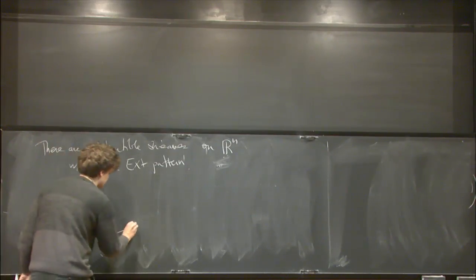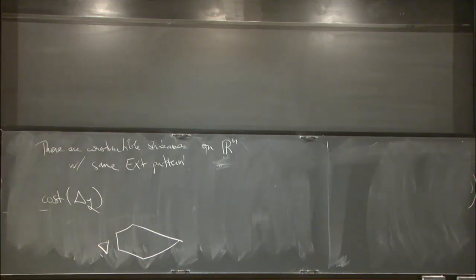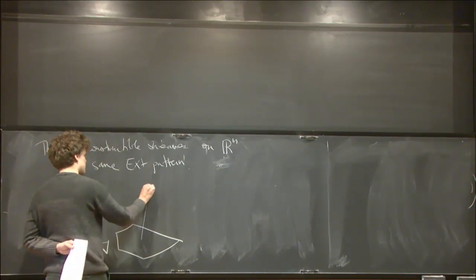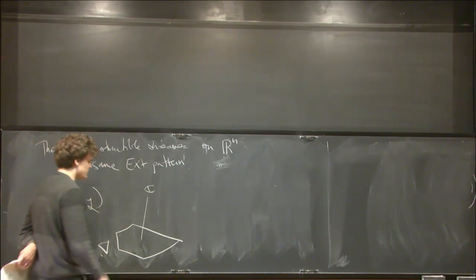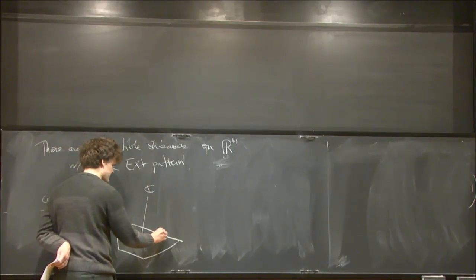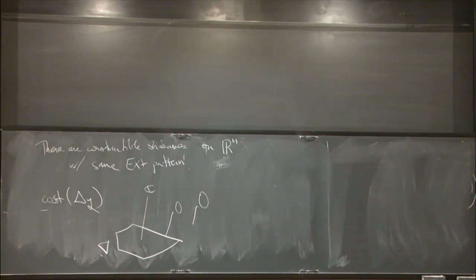So if here's a polytope delta, then the costandard sheaf on it is constant on the interior of this polytope with rank 1 fibers, and 0 on the boundary and 0 beyond the boundary.